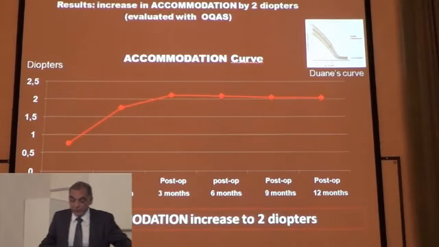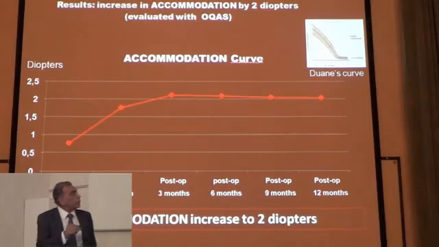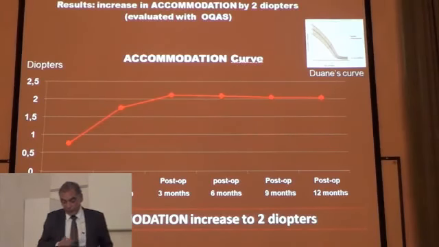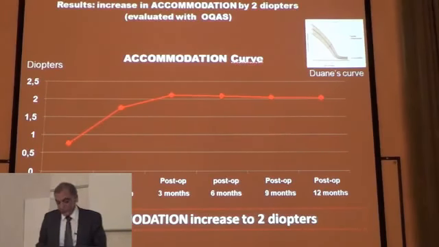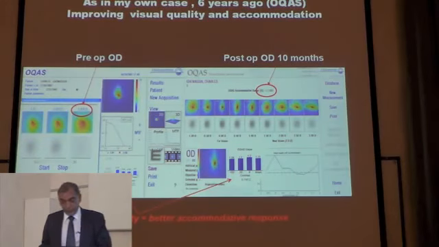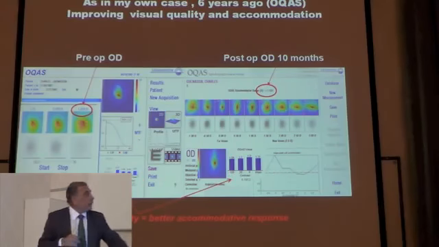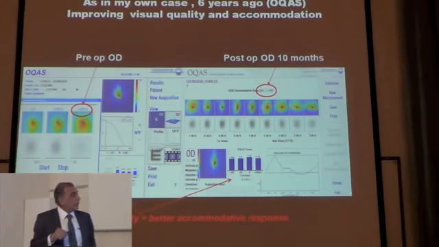With the other machine, with the other technique, with the OCAS, the result on 75 patients shows the increase in accommodation by 2 diopters. We start at 0.75 and we finish at 2 to 5 diopters for most of the patients. So accommodation increased with time. As in my own case, it was 6 or 7 years ago when we improved visual quality.